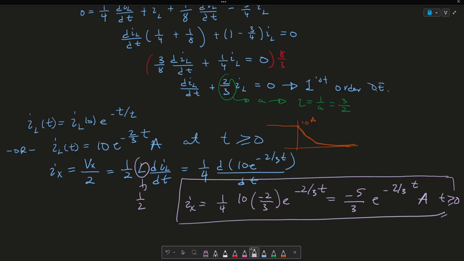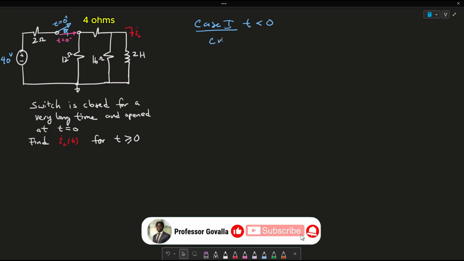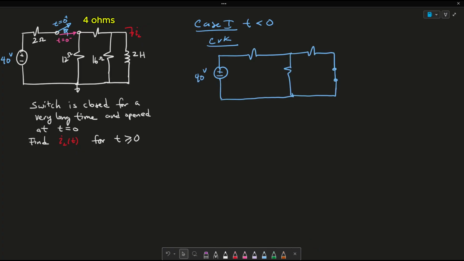Okay, so let's go ahead and go on to the second one now. For the second one, we have, again, two cases. So case 1 is when t is less than 0, or when the gate is closed. We can redraw our circuit to look something like this. Again, take note that the only resistors that take place are this 2 ohm resistor, the 12 ohm resistor, and the 4 ohm resistor.